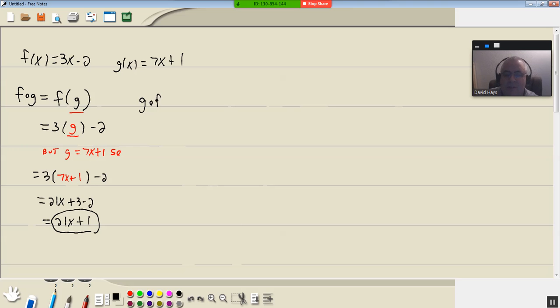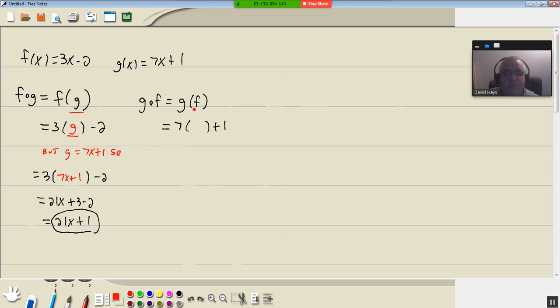Now we can find the composition going the other direction too. We can find the composition of g and f, which is g of f. Now here we'd take our g of x, which is 7x plus 1, and where our x is, we put in parentheses. So I got 7 times parentheses plus 1. And evaluating is always the same.